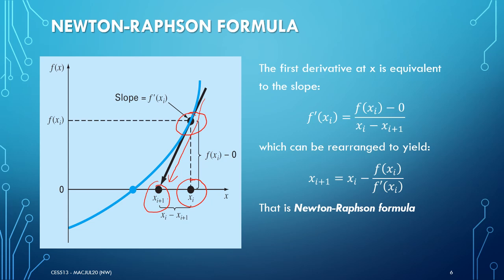The slope of this tangent is equal to the derivative of the function at xi.